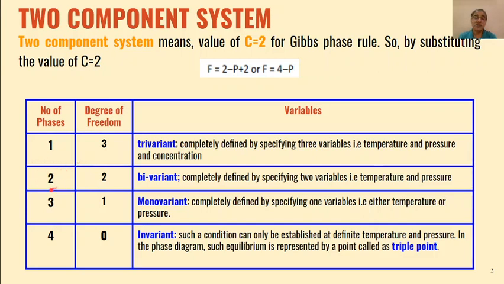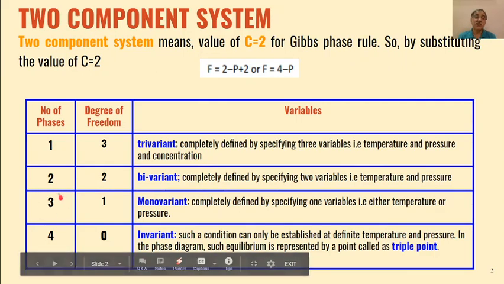Similarly, if in a two component system we have the number of phases equal to 2, then substituting P as 2, the degree of freedom will be 4 minus 2, equal to 2. So such a system will be a bivariant system, and we have to specify only two variables to completely define such a system. And those two variables may be temperature and pressure at a constant concentration.